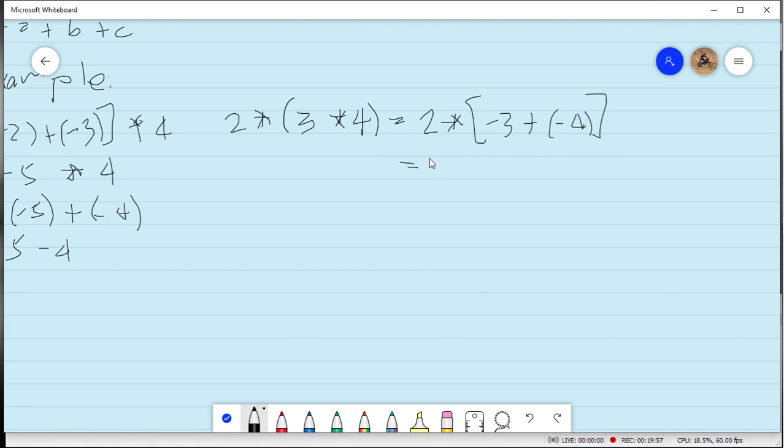So this will give us 2 operation negative 7. Or that will be negative 2 by definition plus the negative of negative 7.